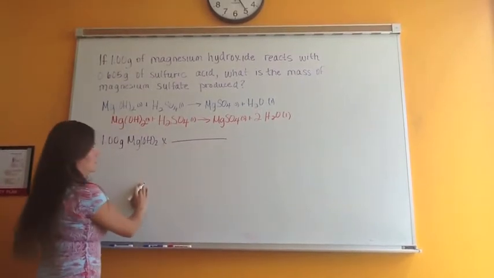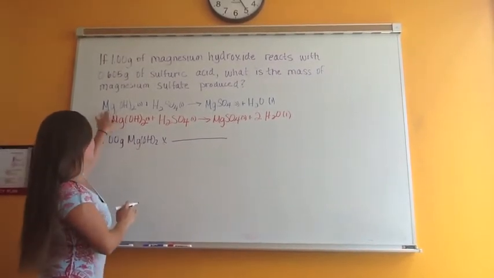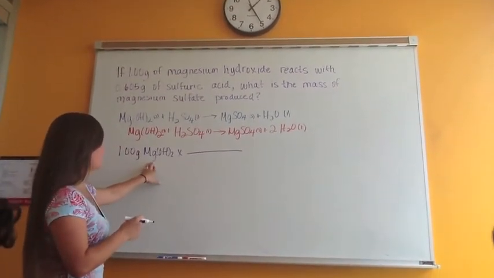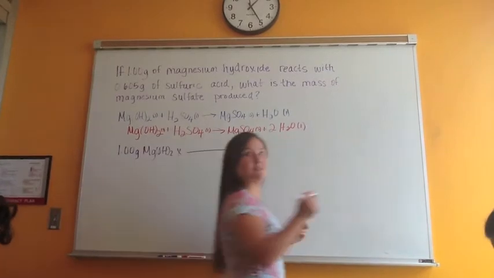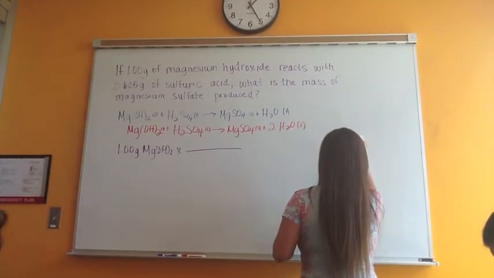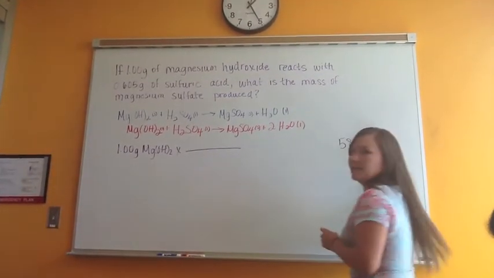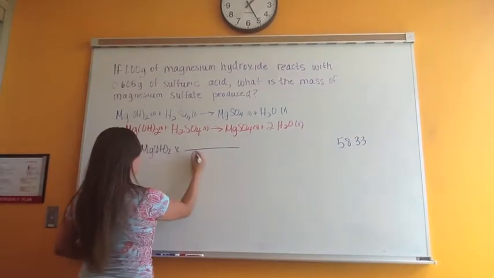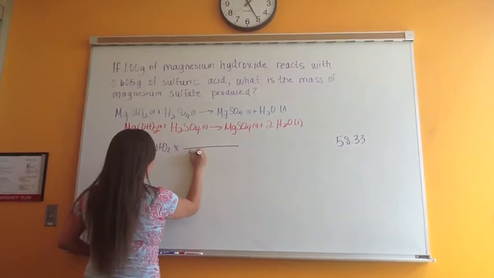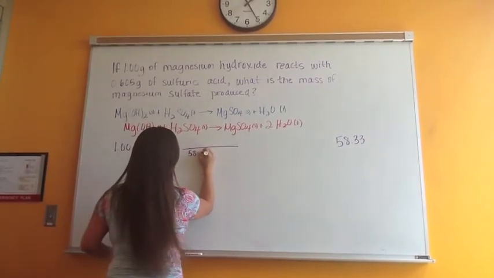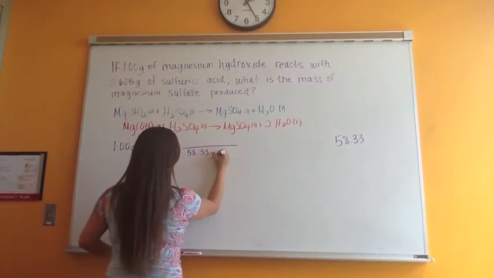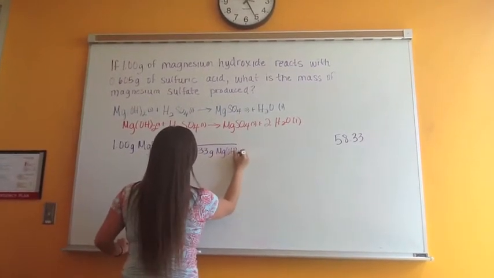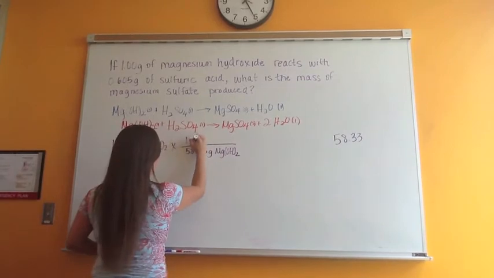We're going to add up the molar mass of magnesium hydroxide, and we know that that is 58.383. So we're going to enter that here, and that is just 1 mole.